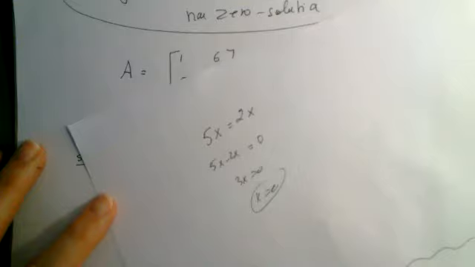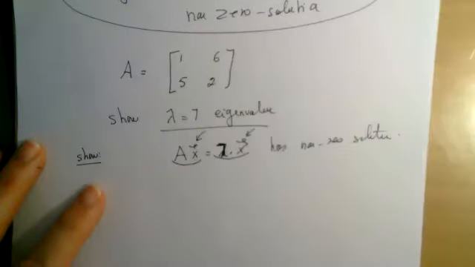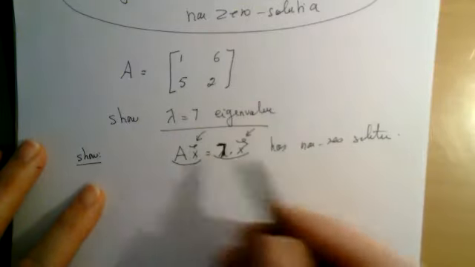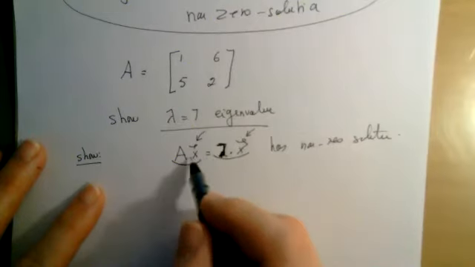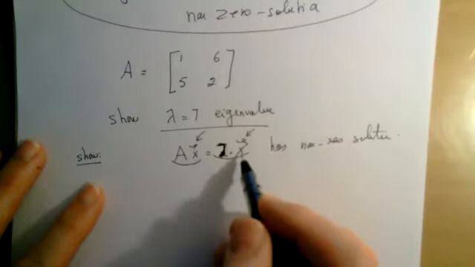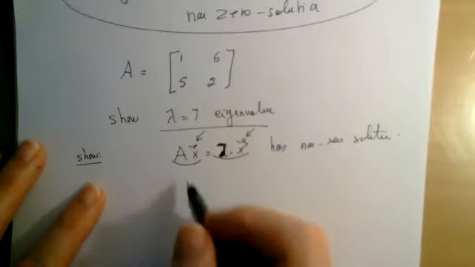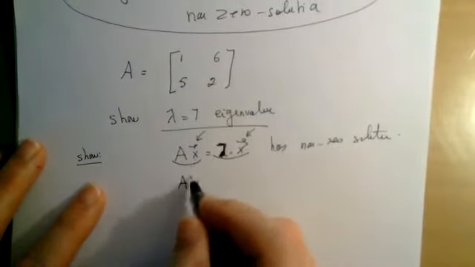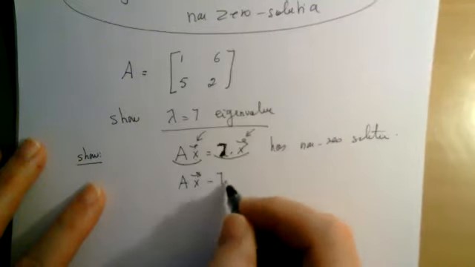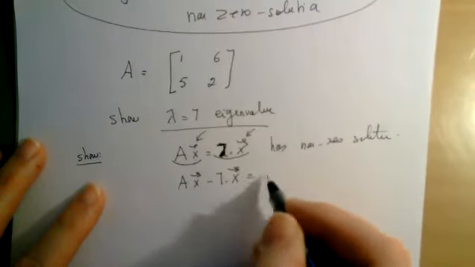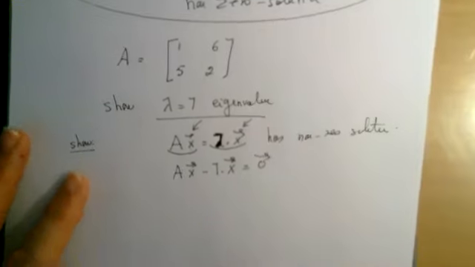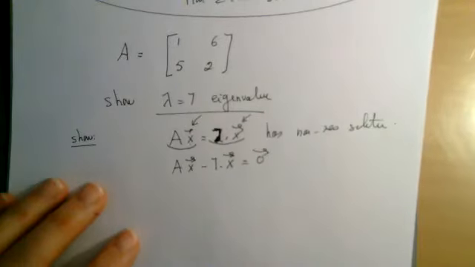We're going to imitate this idea because I'm solving for x. So this is a 7, that's x1, x2, x1, x2. To solve it, I'm going to put all the unknowns on one side. So we'll have to rewrite this as Ax minus 7x equal to 0.